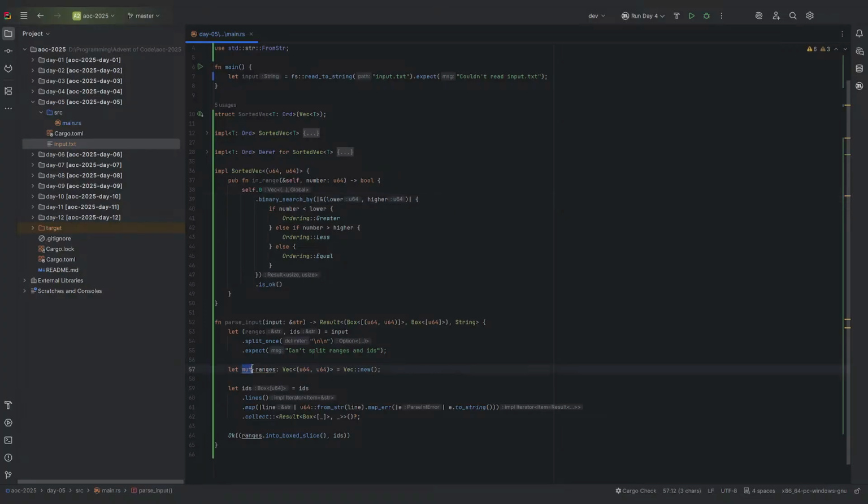And now instead of making them mutes, I can probably just cleverly do... here I can do lines.